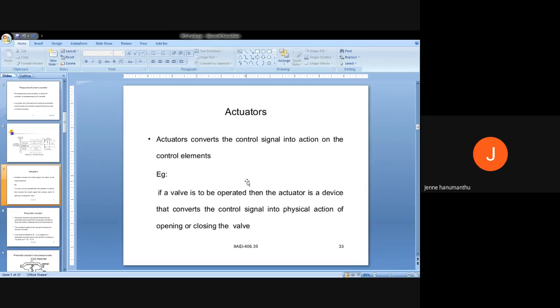For example, if a valve is to be operated, then the actuator is a device that converts the control signal into the physical action of opening or closing the valve. This is the meaning of this. So an actuator is needed for controlling the opening and closing of the control valve.